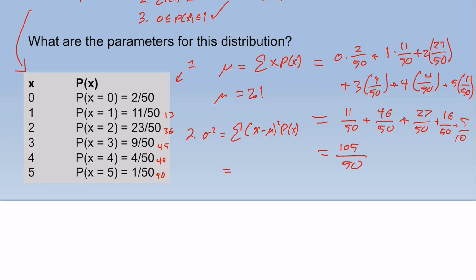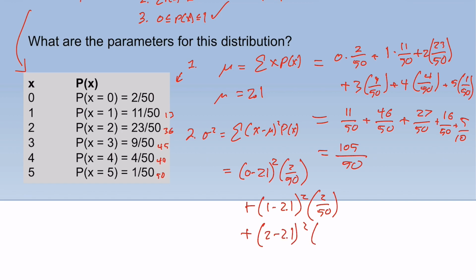That's equal to 0 minus 2.1 squared times the probability of that, which is 2 over 50, plus 1 minus 2.1 squared times 11 over 50, plus 2 minus 2.1 squared times 23 over 50, plus 3 minus 2.1 squared times 9 over 50.